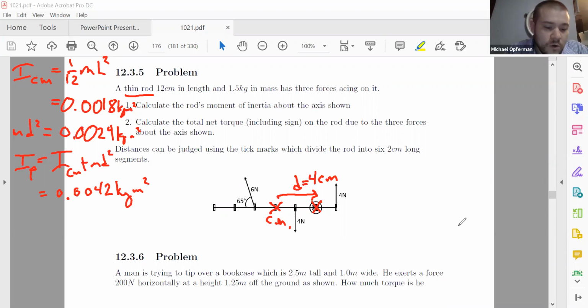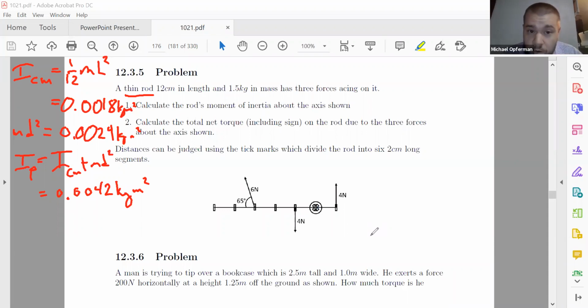That's the actual moment of inertia of the rod. So question 1 completed. There's your moment of inertia. Okay, let me clean up the picture a little bit here and move on to question number 2.